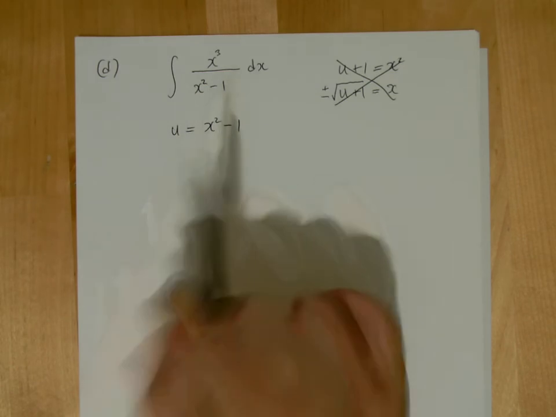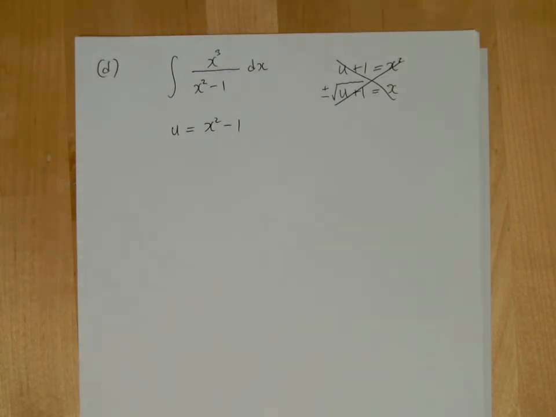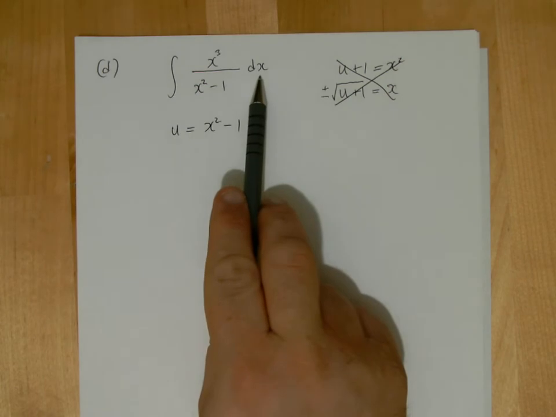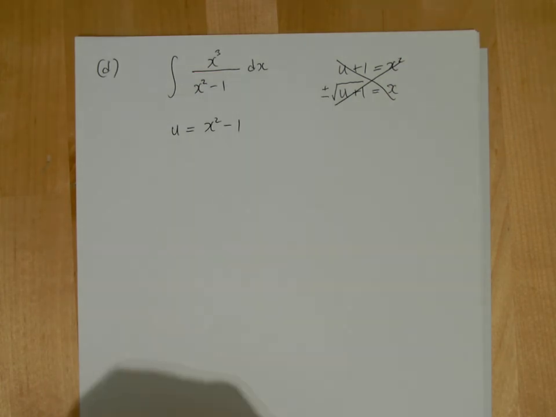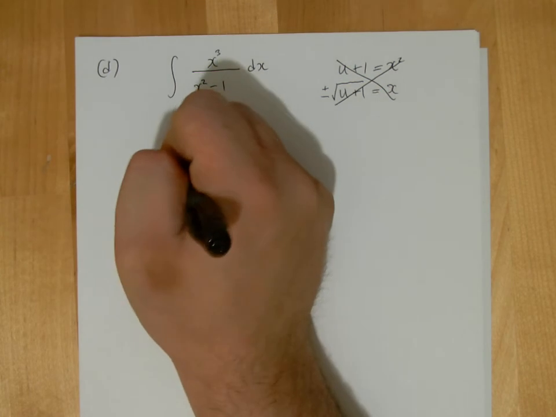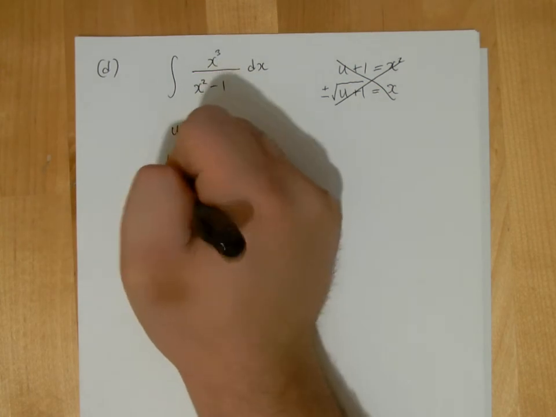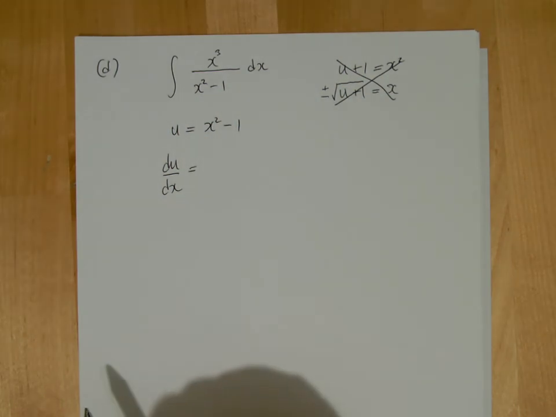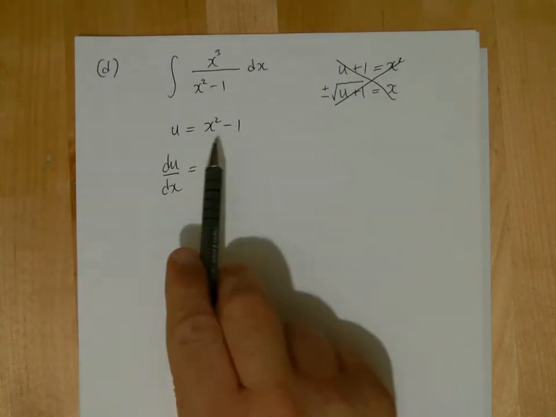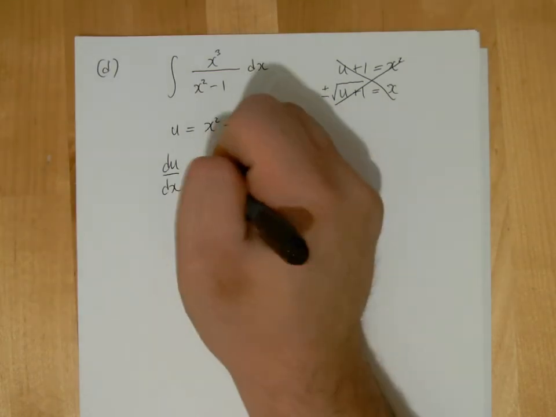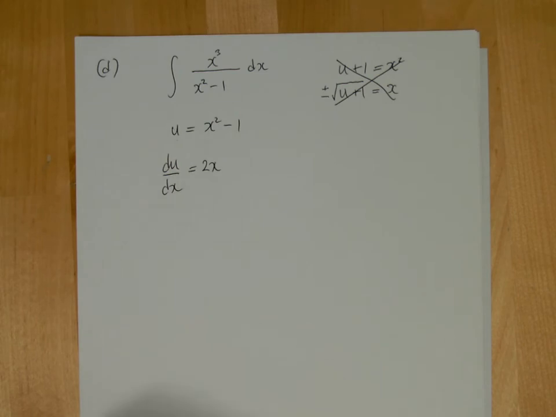So let's forget about that x cubed for a minute, all right? Let's see if we can replace the dx with the du. Now we can differentiate, can't we? That's easy, we can do that. So du by dx, u with respect to x. Well, differentiate this here, you bring the power down to 2x. Minus 1 becomes 0.